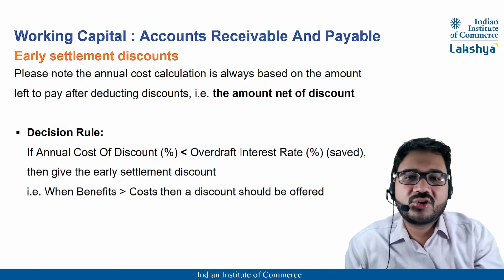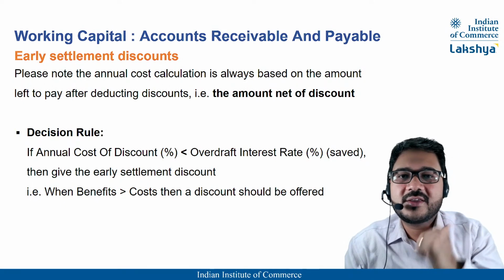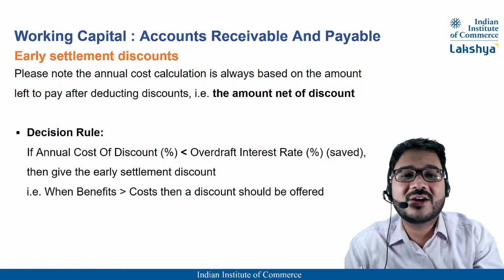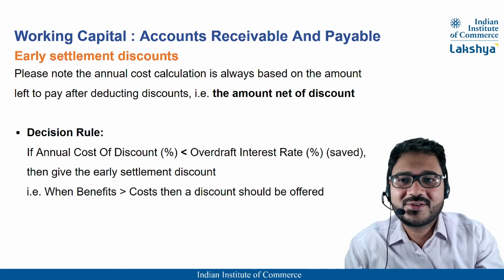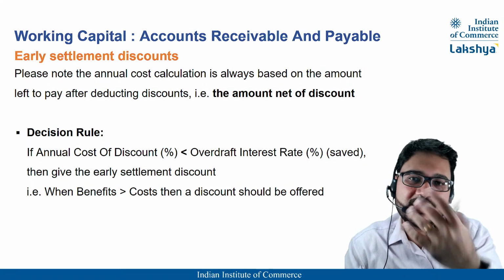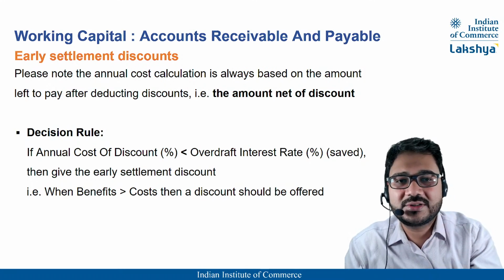Similarly, the exact opposite is done by the customer. The customer will decide whether they have to take the discount or not. So what is our cost? Annual cost of discount is basically their benefit for the discount.